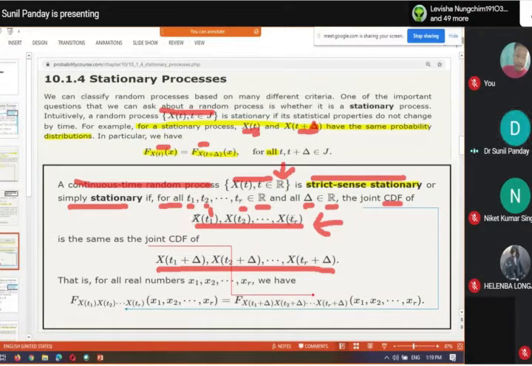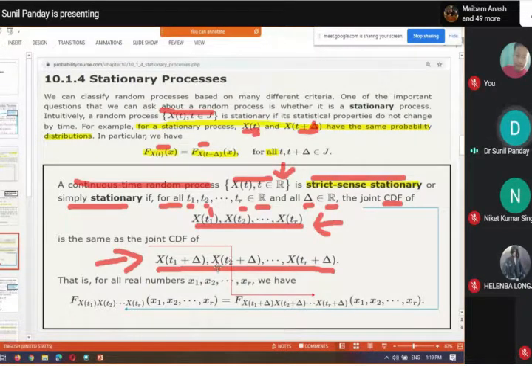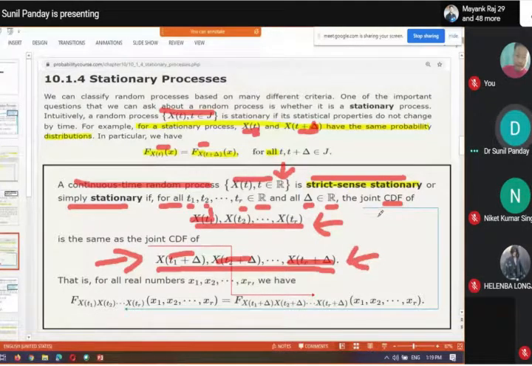If the joint distribution function of this set of random variables is equal to the joint distribution function of X_(t1+delta), X_(t2+delta), ... — because if I add delta to t1, it is a different random variable than this, and similarly for the others. So this is another set of random variables, and if the joint distribution function of this set equals the joint distribution of the other set, then we say that our random process is stationary.